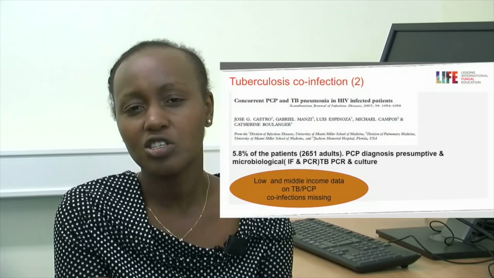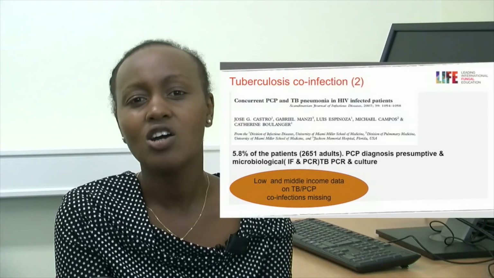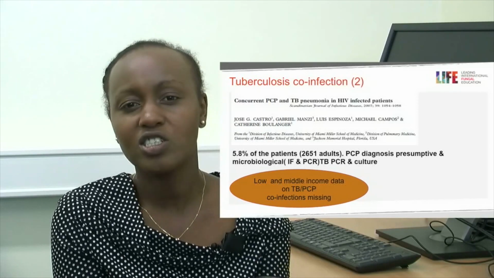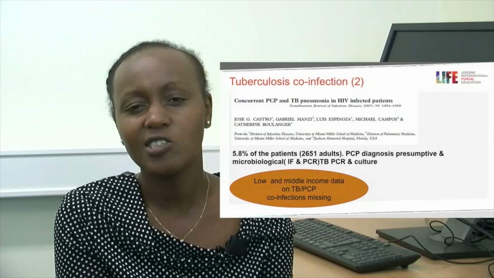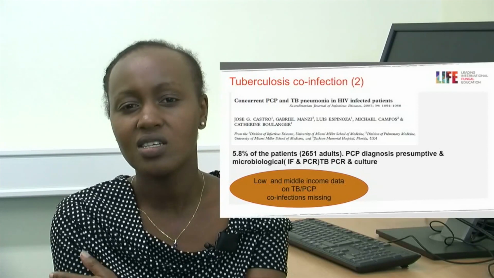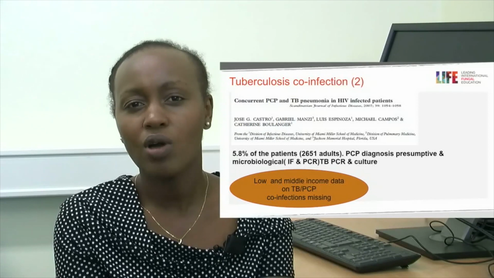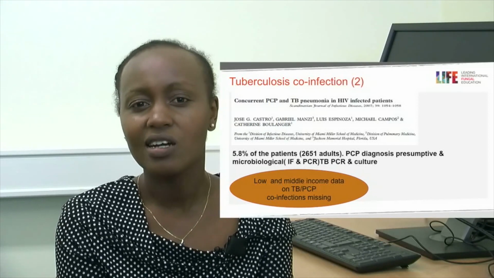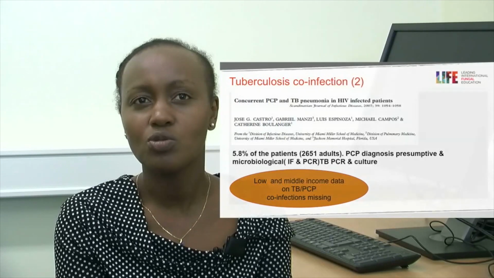How many patients who have Pneumocystis pneumonia also have tuberculosis, or in a cohort of patients who have tuberculosis, what percentage of them might have Pneumocystis pneumonia? This is really important, especially when you're thinking of steroids, because they have the potential to worsen undiagnosed and untreated tuberculosis.